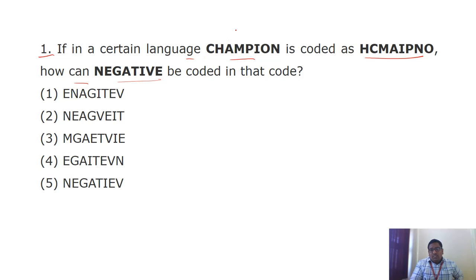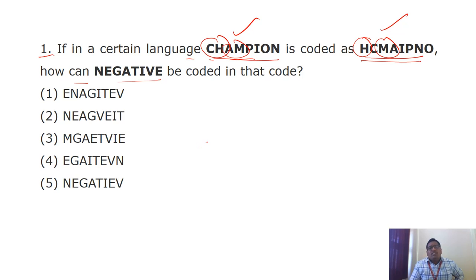Now first rule, check whether it's order based coding or not. C is there, H, all the letters in champion are already present here. So blindly you can go ahead, it's order based coding. Second thing is you have to check in what order it is being coded. So think for a while. If you see CH, CH, AM, AM.